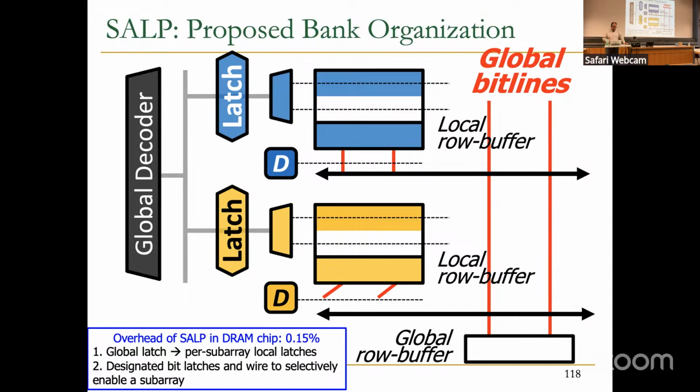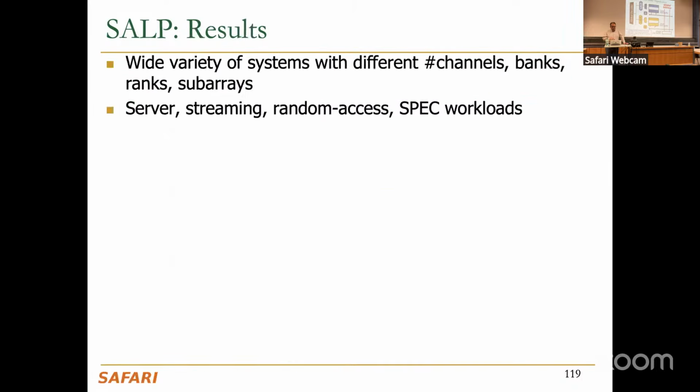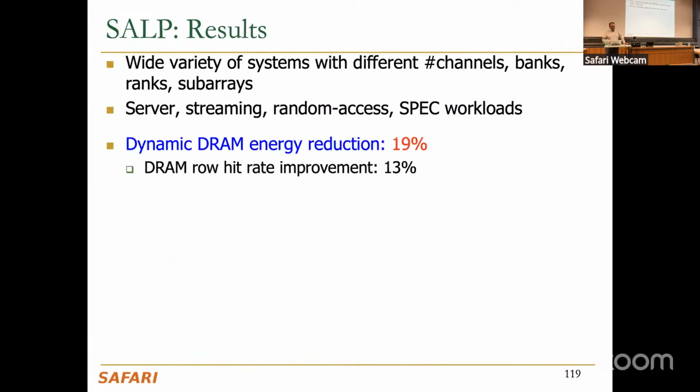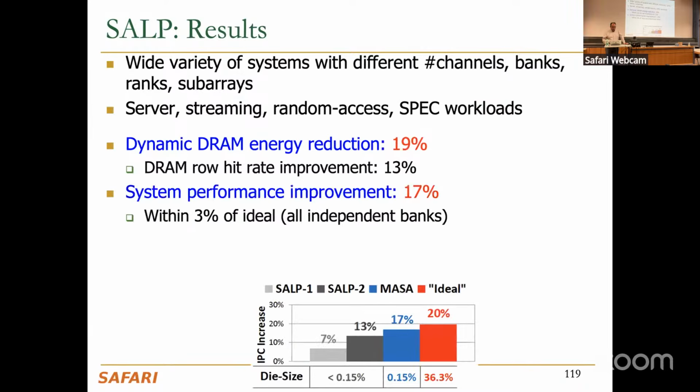And I will also share with you a story toward the end of these slides, that there were a lot of discussions with DRAM manufacturers who wanted to implement SALP, but you can wait for that. So for the results, SALP provides DRAM energy reduction and good performance.